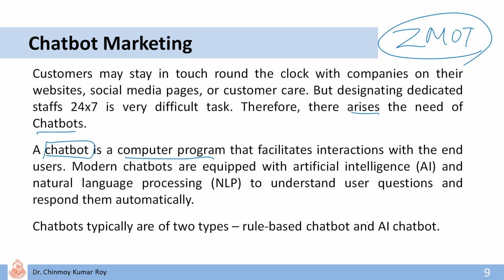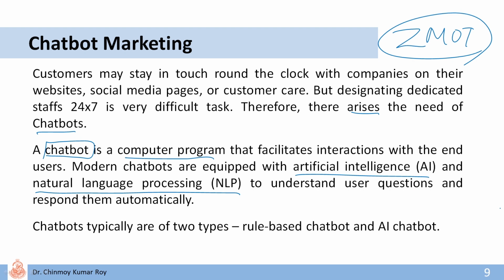Modern chatbots are equipped with AI and NLP, which is very interesting. Natural language processing means that when you ask something or give a voice command, it processes it. This is very contemporary, state of the art technology.